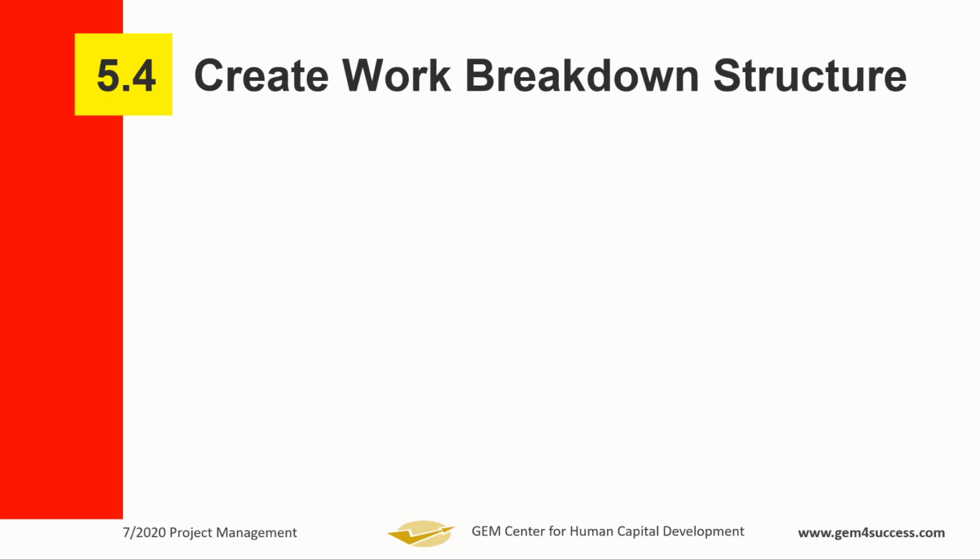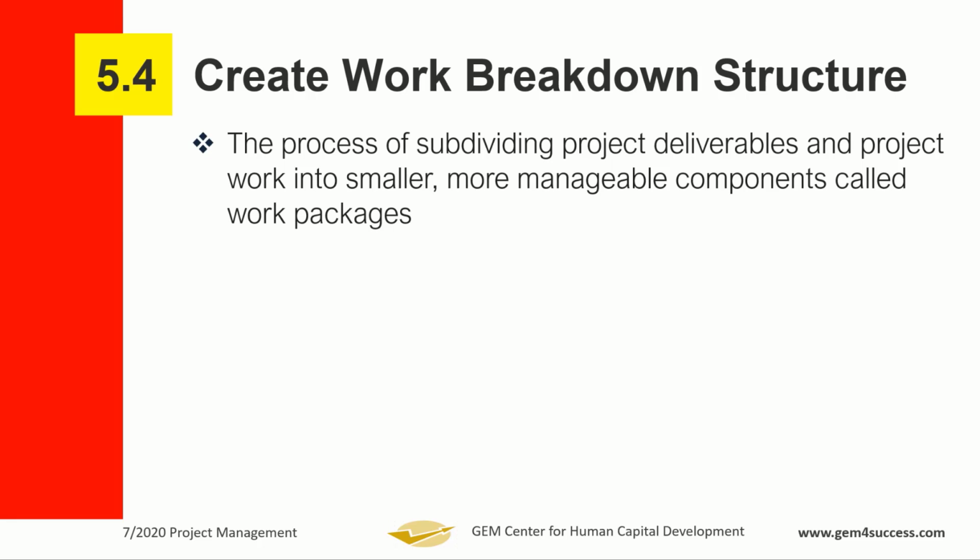Okay, so creating work breakdown structure, WBS, is the process of subdividing the project scope, the project deliverables, and the work required to deliver on the deliverables into smaller, more manageable components called work packages.